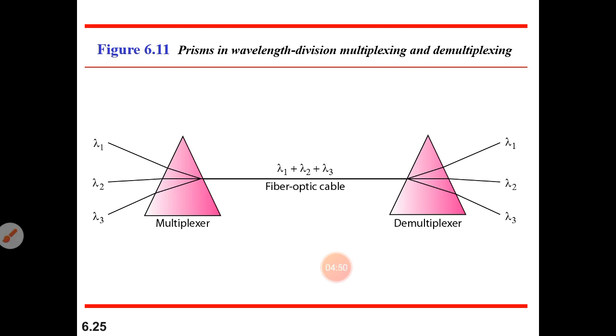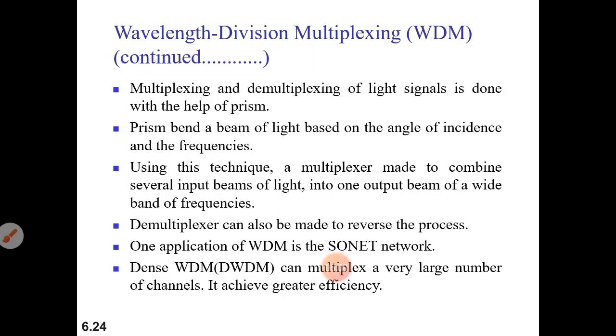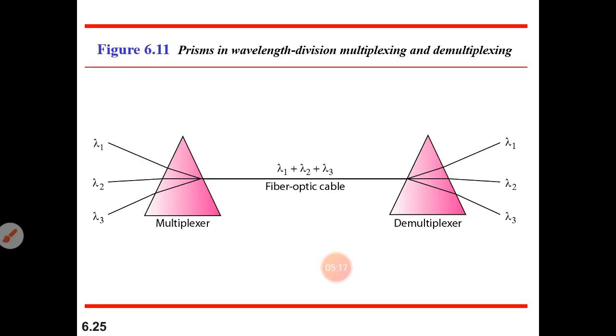At the multiplexer side, the prism combines or multiplexes the optical signals, which are then transmitted over the link, and at the demultiplexer side it separates them into their respective wavelengths. So the prism bends the beam of light based on the angle of incidence and the frequency, meaning the angle at which the particular light is incident on the prism, and its frequency.